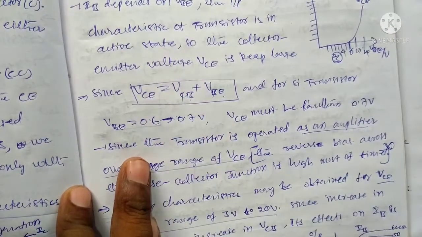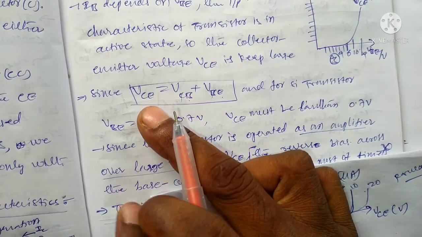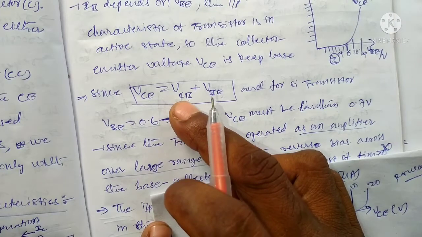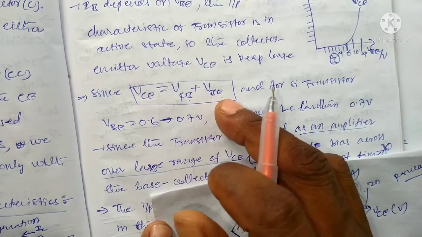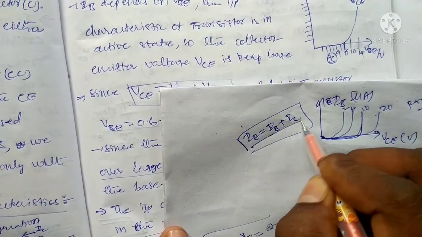In the CE configuration, the voltage across the collector emitter is equal to the voltage developed across the collector base and the voltage across the base emitter. The emitter current is equal to the base current plus the collector current.